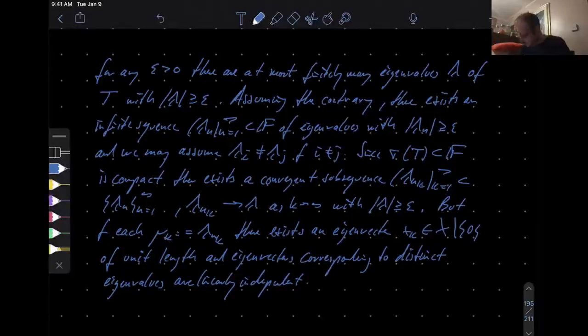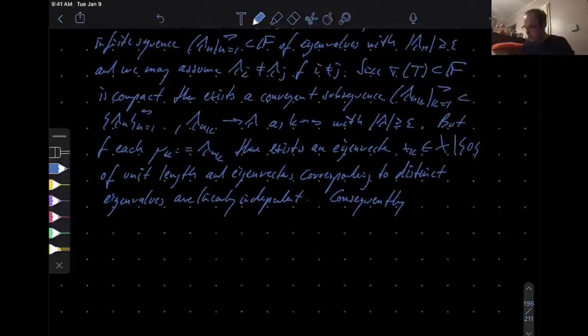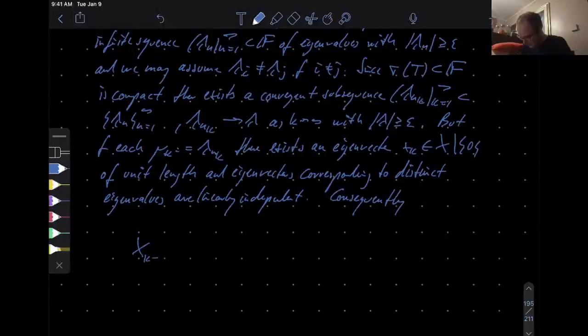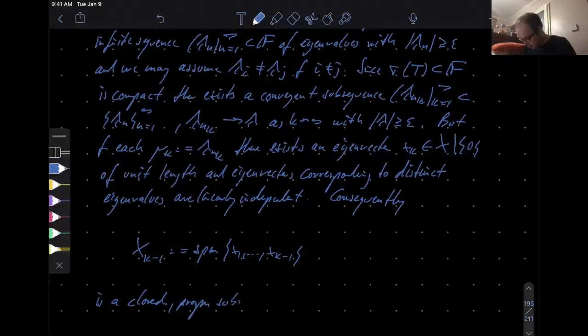Consequently, and now we're going to use Riesz's lemma again, if you define X sub k minus 1 as the span of those eigenvectors, they're linearly independent, so that's going to be a k minus 1 dimensional space. It is closed, since finite dimensional, and it is a proper subspace of the next bigger one, X sub k. That's clear.